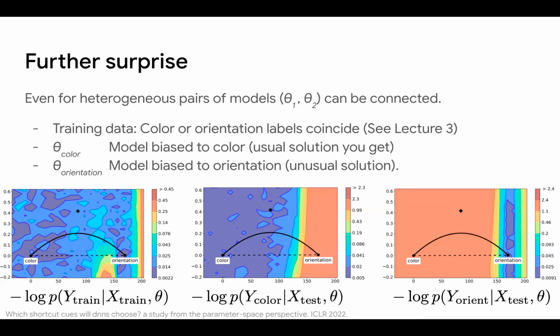And the 2 plots on the right, can you explain again what we're seeing there? So we're testing the set of parameters we're seeing on different tasks, like predicting color and predicting orientation, but with different training data.